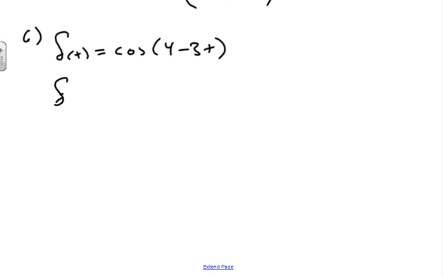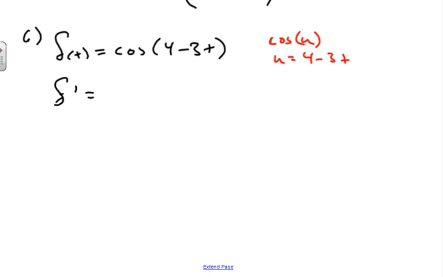Let's say we have number 6 right here. I assigned all the multiples of 3. So, if you're wondering how we're going about this, we have f prime, and we're going to use the chain rule. We have our outside function, which is cosine of u. We have u, which equals 4 minus 3t.